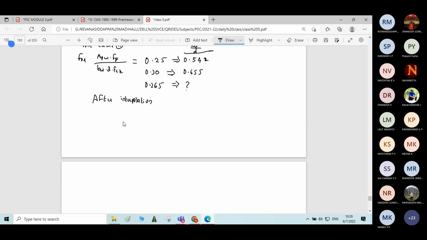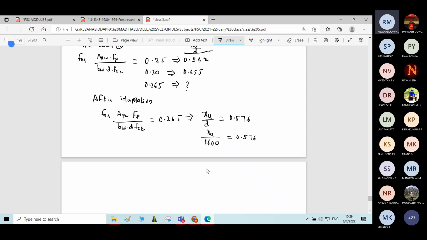For APW FP by BW into D into FCK equal to 0.265, the corresponding XU by D, after interpolation, you will get as 0.576. So XU by D, if we substitute, is XU by 1600 equal to 0.576. Therefore, XU will be 921.6 mm.